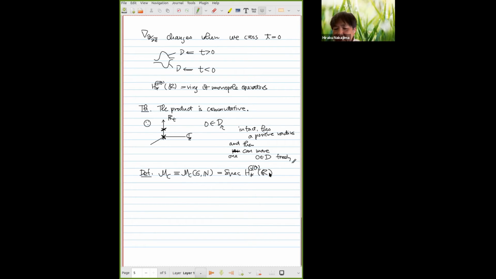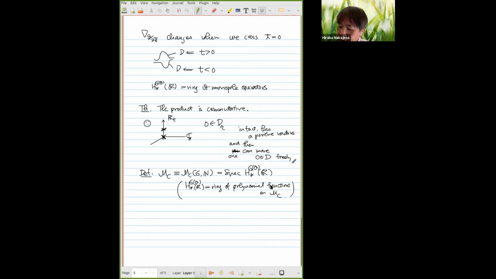This is an abstract definition, but once you have the commutative ring, algebraic geometry tells us you can recover the space, so that this ring is the ring of functions, or polynomial functions. This is what scheme theory tells us.